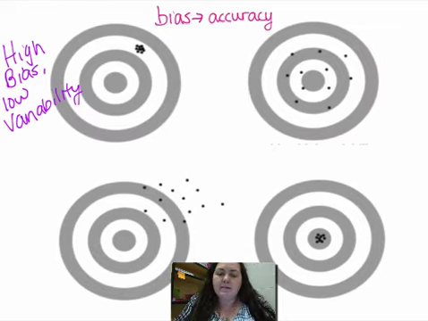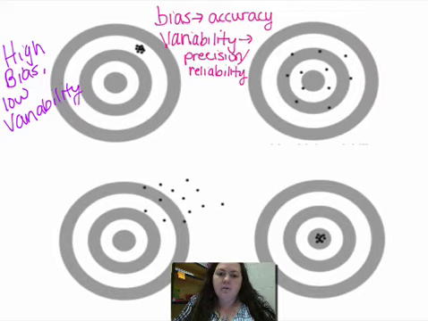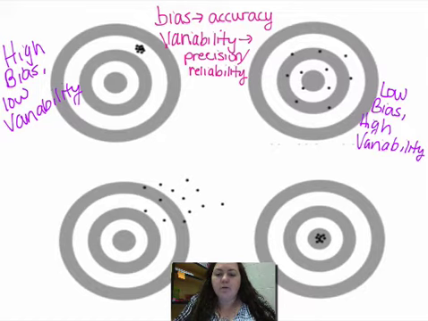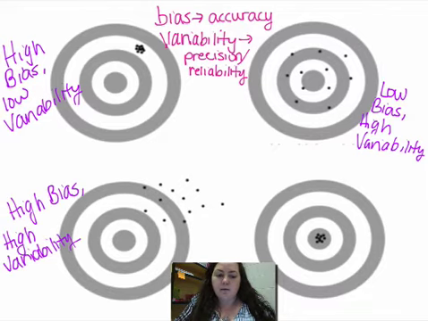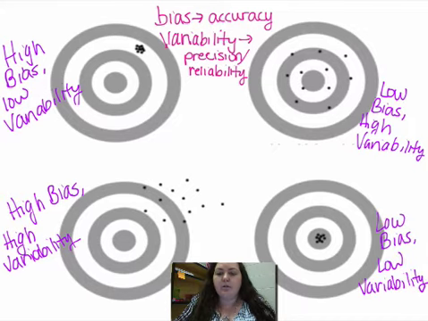So bias is like accuracy, and variability is like precision or reliability. Okay, and this other one, I have a low bias. It's kind of close to the target, but high variability. It's very spread out. And then here I have high bias, high variability, low bias, low variability.